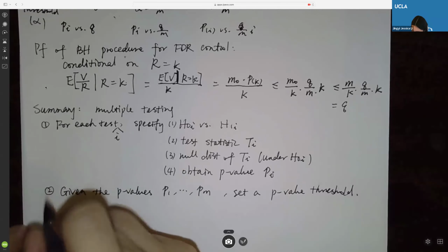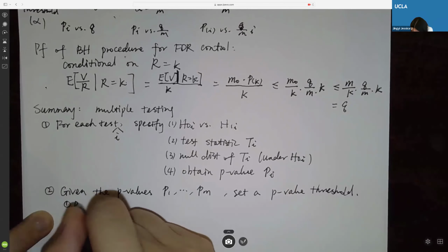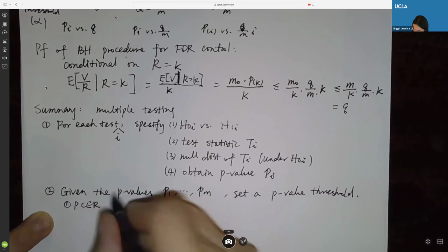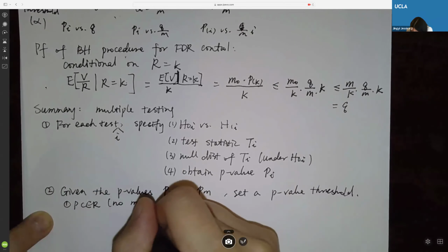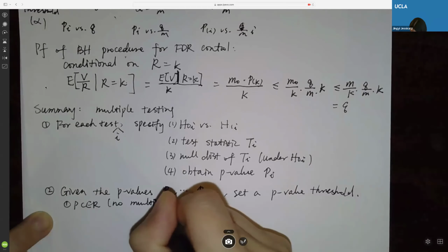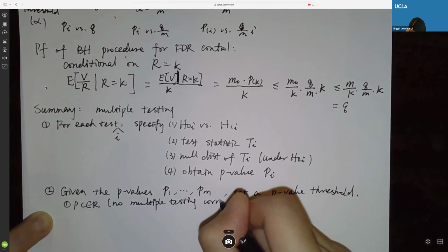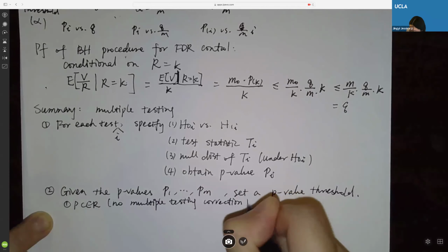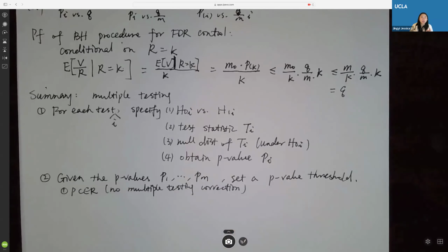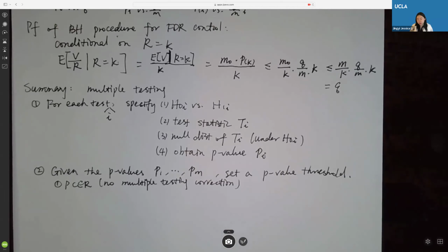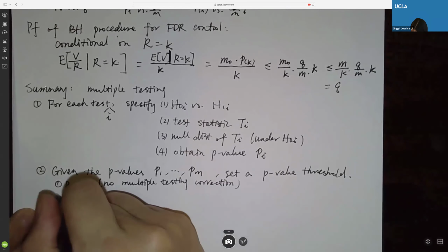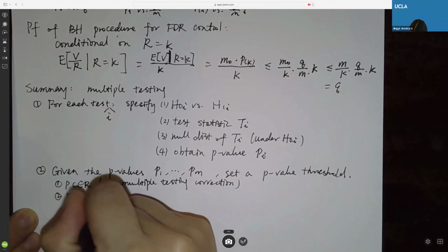If you want to just control the PCER, that means no multiple testing correction. And there could be a large number of false discoveries in your result if you do that. And I think a lot of the scientific journals don't accept this because there's nothing you can say about the number of false positives. Second one, family-wise error rate.